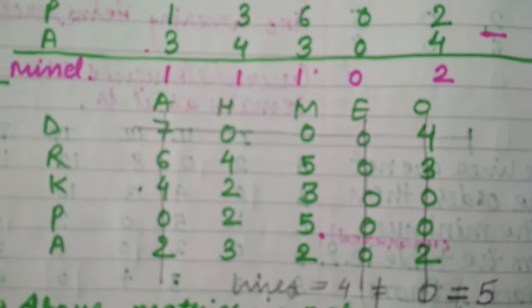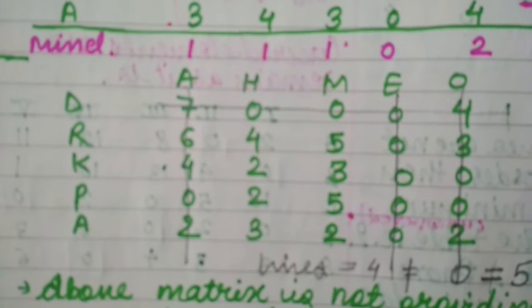All the zeros are covered. Now we check whether the lines we have drawn are equal to the order of the matrix. The order of the matrix in this table is 5 by 5, but the lines we have drawn are 4. So 4 is not equal to 5. That means this table will not give us the optimal solution.